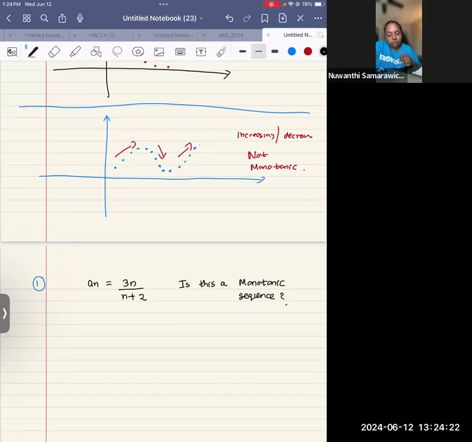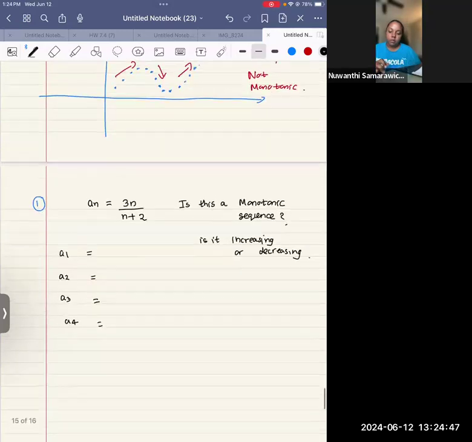Or if it is monotonic, is it increasing or decreasing? So can you first find the first four terms of the sequence? What is a sub 1, a sub 2, a sub 3, a sub 4?